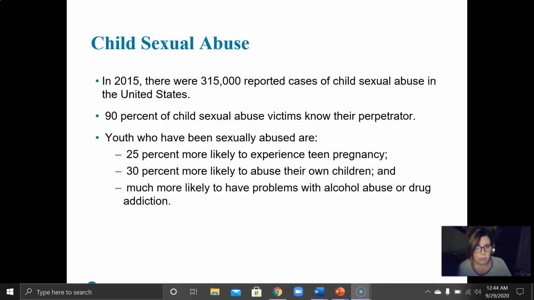Youth who have been sexually abused are, correlation, not causation, 25% more likely to experience teen pregnancy, 30% more likely to abuse their own children, and much more likely to have problems with alcohol abuse or drug addiction.